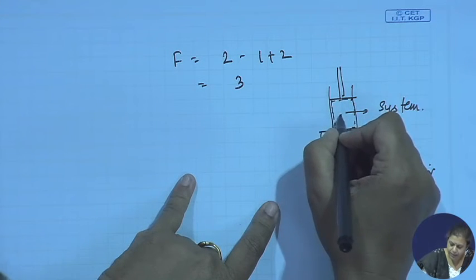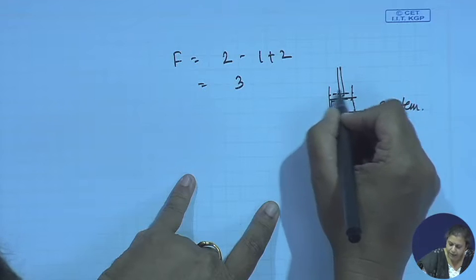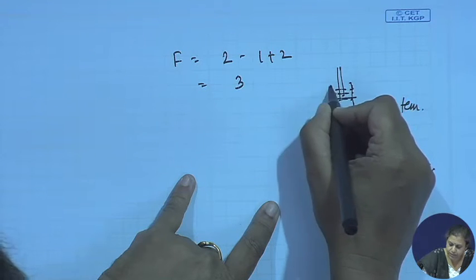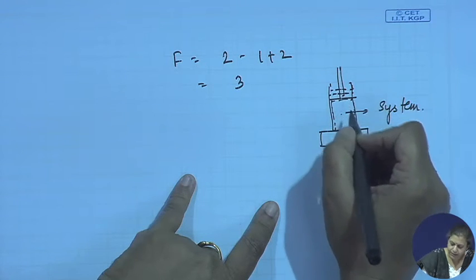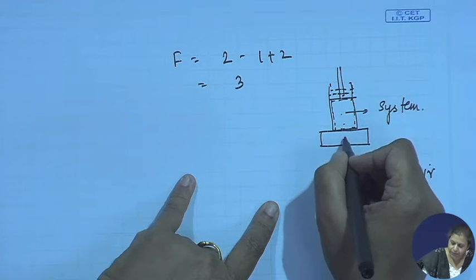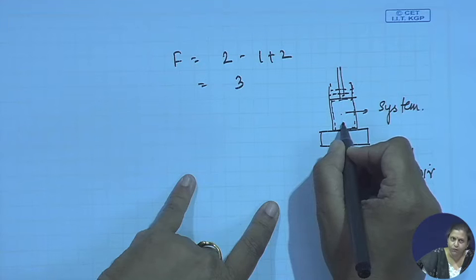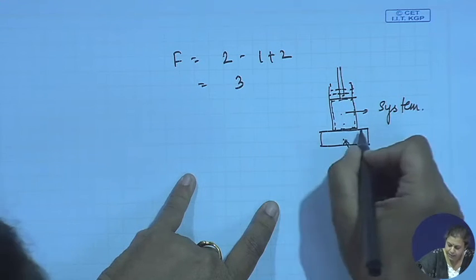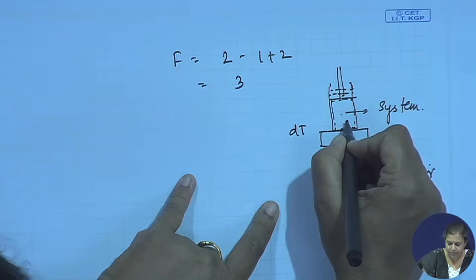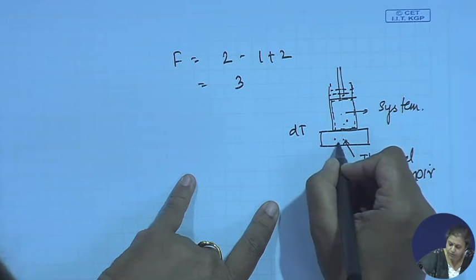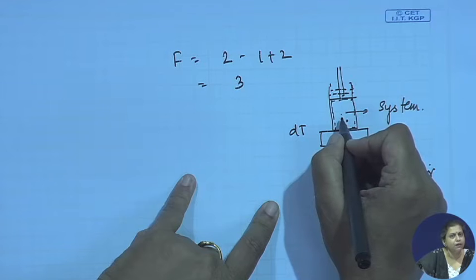On the contrary, the system keeps on expanding in volume and the piston keeps on going up very slowly, such that with entry of heat by an infinitesimal amount, which occurs when there is a dT difference of temperature between the thermal reservoir and the system, the heat flow from the reservoir to the system occurs very slowly.